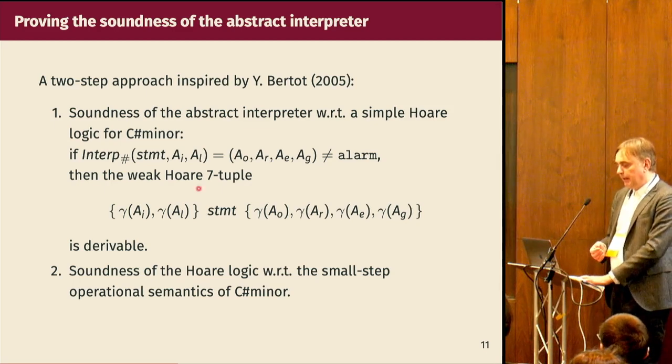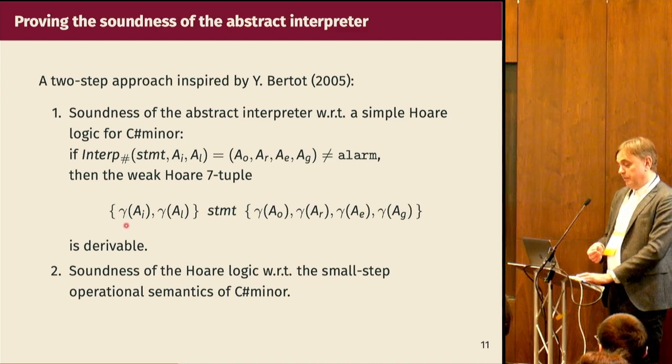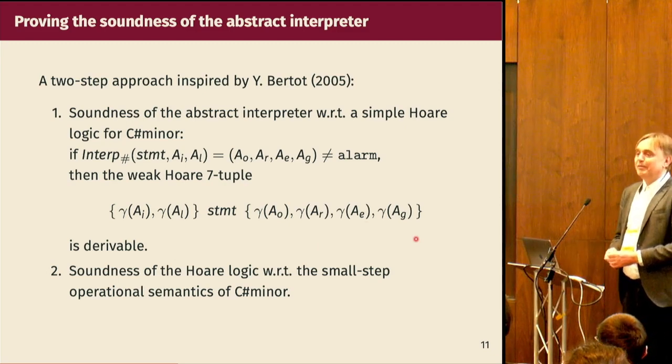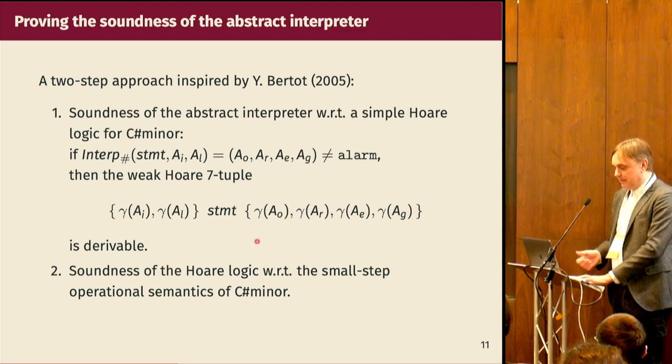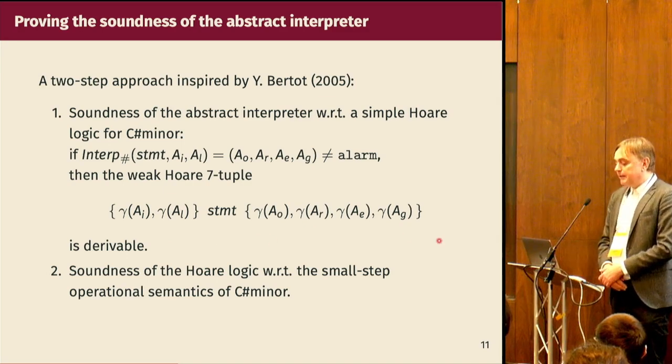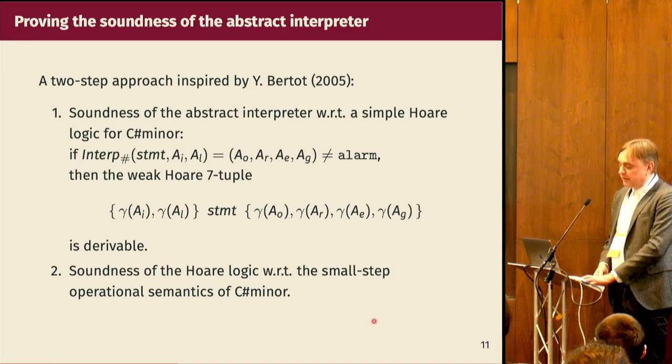Okay, so basically we have a little Hoare logic for C# minor, which has 1, 2, 3, 4, 5, 6. It's a 7 tuple Hoare logic because there's 2 preconditions and 4 postconditions. And it's easily proved correct with respect to the small step operational semantics of C# minor.